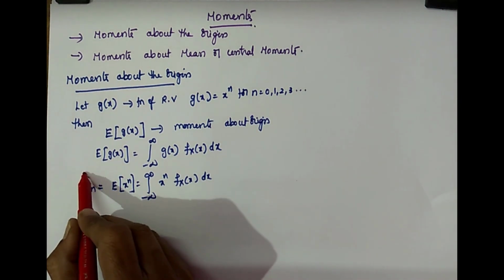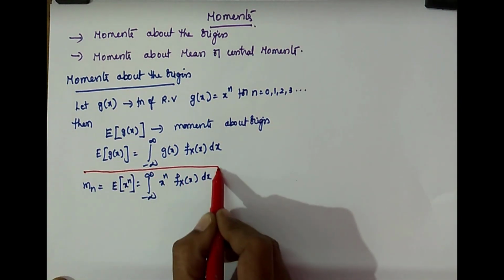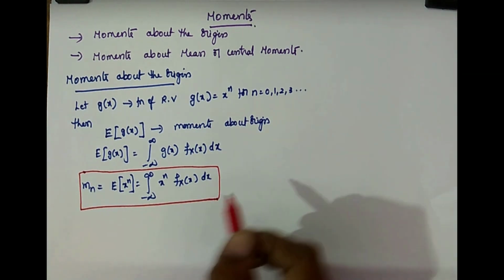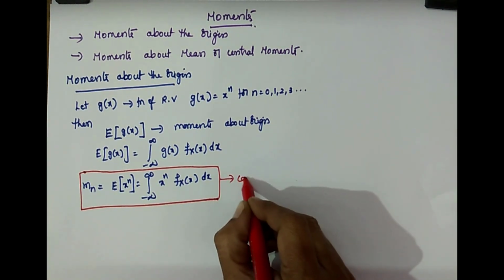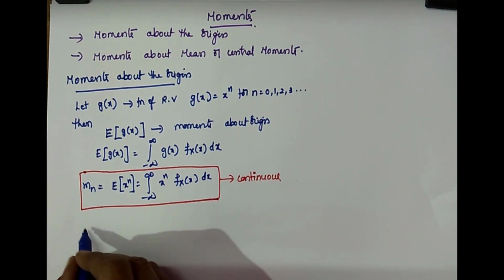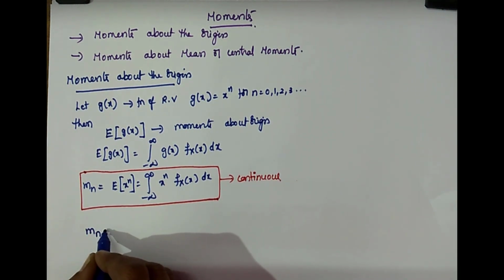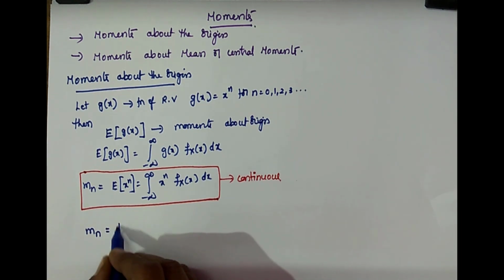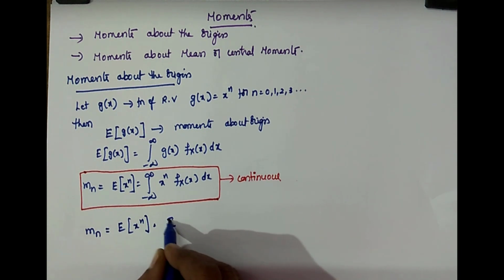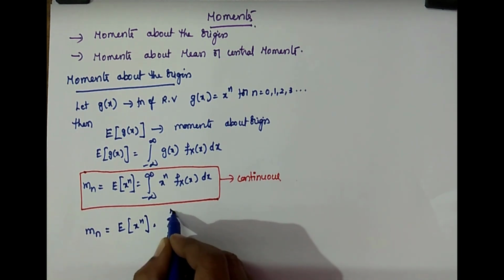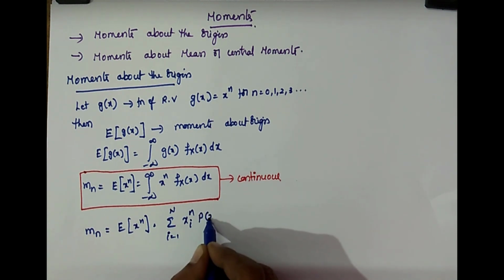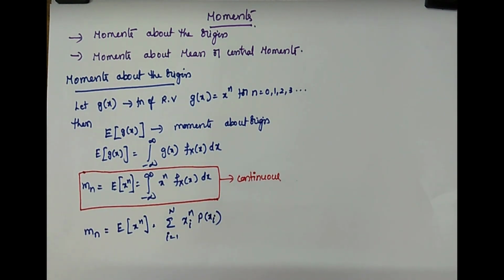This is the formula to find moments about origin for the continuous case, and for the discrete case, m_n is E of x power n, which is the sum over i from 1 to n of x_i power n into P of x_i.